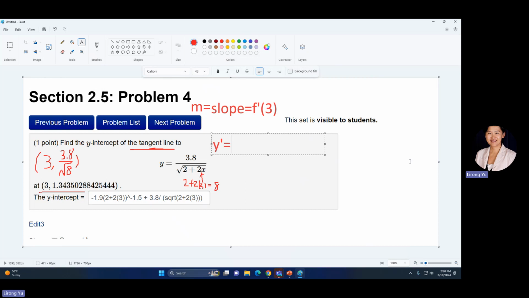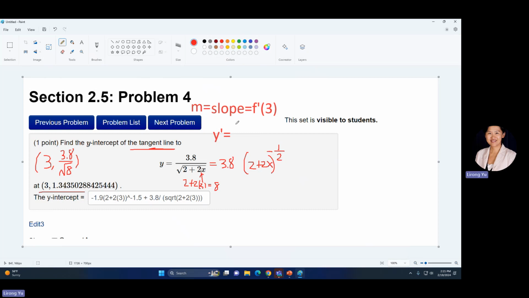Y prime. So y prime has a notation. To make it easy to find the derivative, we can write it in power form. This is 3.8 multiplied by 2 plus 2x to the power of negative 1/2. It's a root, that's why we have the 1/2 power. It's in the denominator, that's why we have the negative.